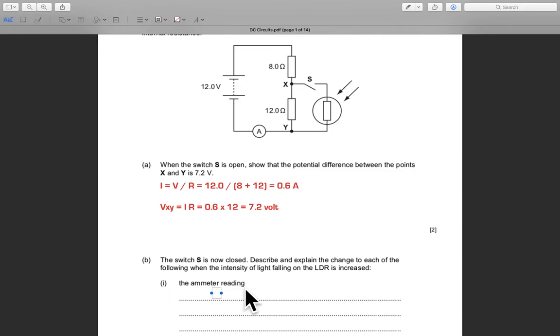If light increases, the resistance of the LDR also decreases.